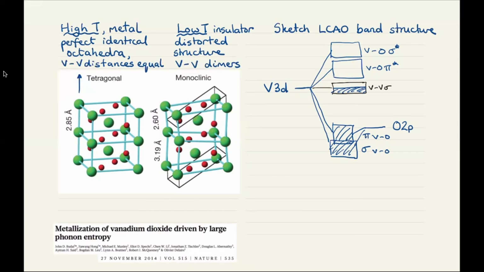But when we make the structural distortion, then this band could split into one filled band and one empty band, with a gap.